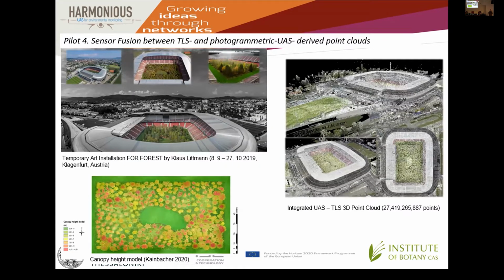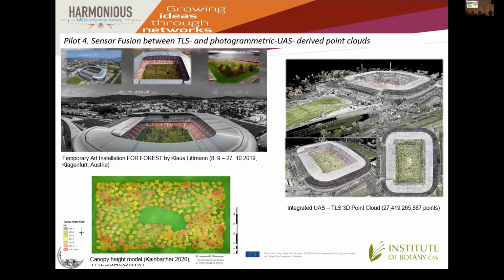This is a quite nice, visually nice pilot for the structure. This is a project from Austria, where in Klagenfurt in 2019, the artist Klaus Littmann made a temporary installation of a forest grown inside the football stadium. Don't ask me why, it just happened.